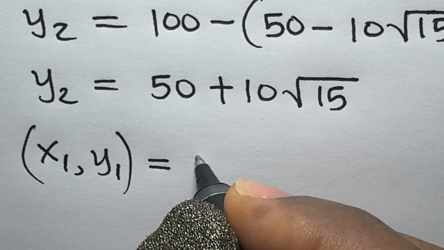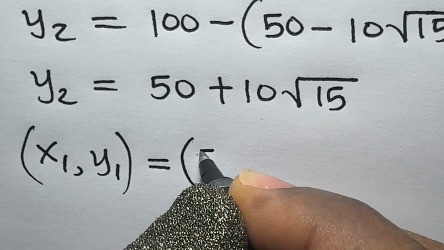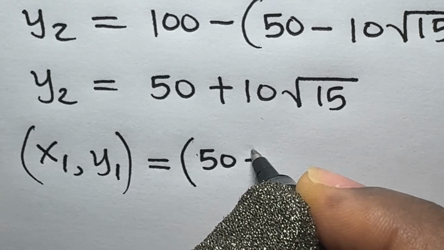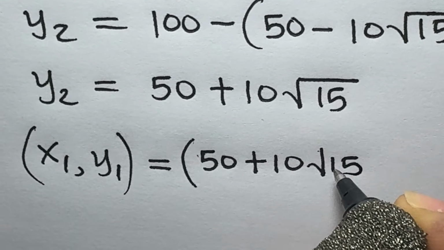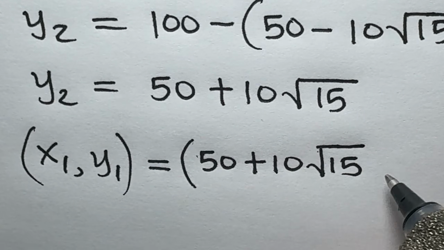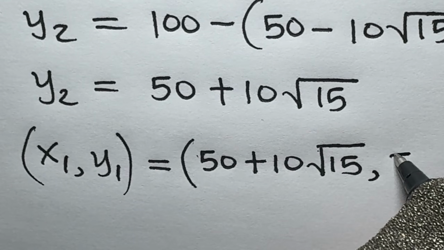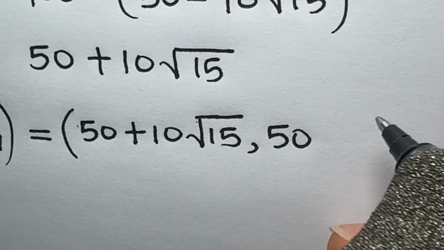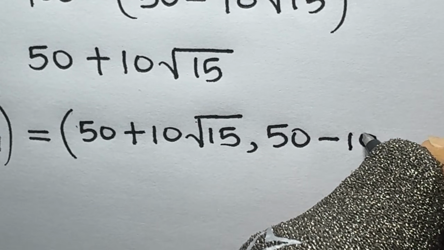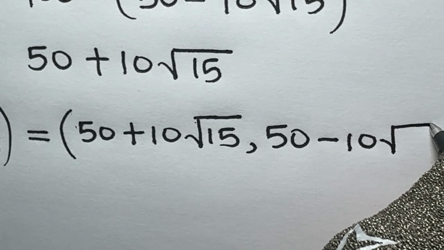So we say 50 plus 10 root 15, and y1 was 50 minus 10 root 15.